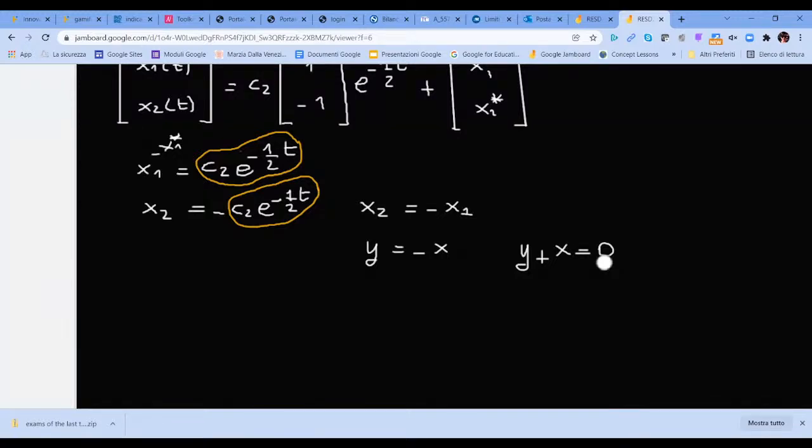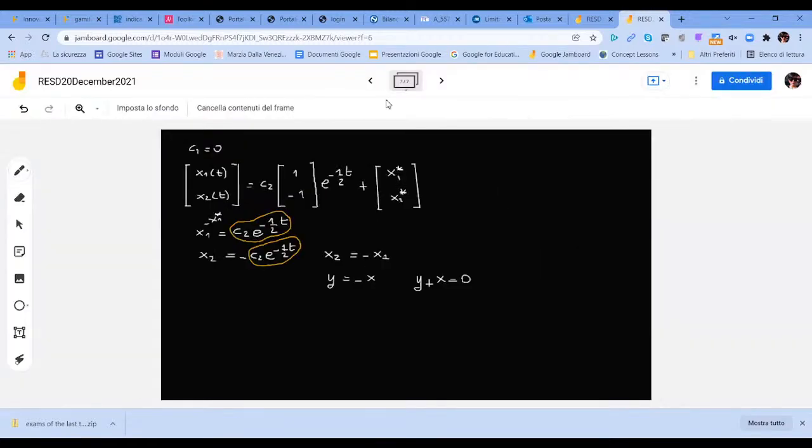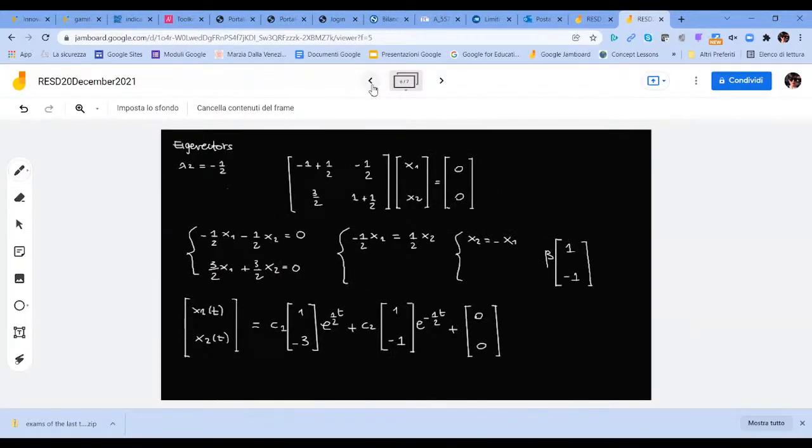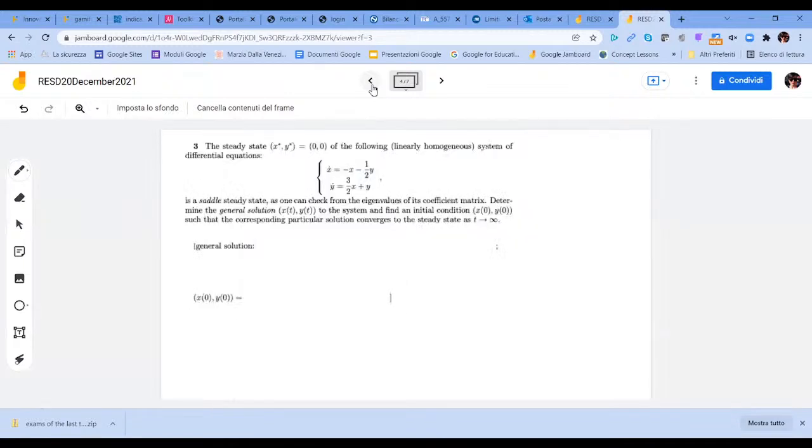So what are the initial conditions in order to, what was the question again? We have already written the general solution to the system. Find an initial condition such that the corresponding particular solution goes to the steady state as t goes to plus infinity. What is the steady state? The steady state is 0. So what is an initial condition?